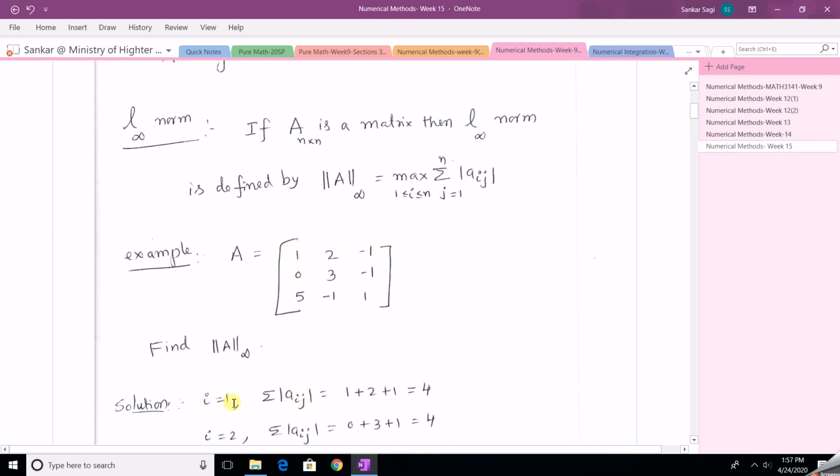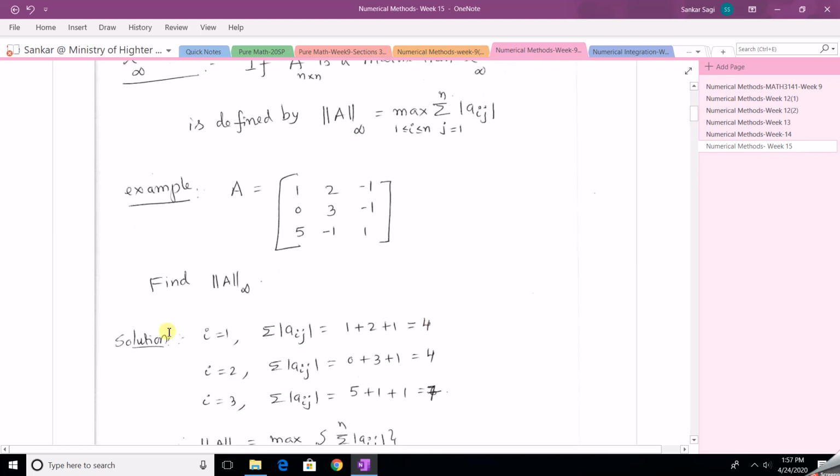So for the first row, i is equal to 1, if we take the absolute values, modulus of 1 is 1, modulus of 2 is 2, modulus of minus 1 is 1. So the sum of the absolute values of this first row is 1 plus 2 plus 1, that is equal to 4. Now we go to the second row, i is equal to 2.